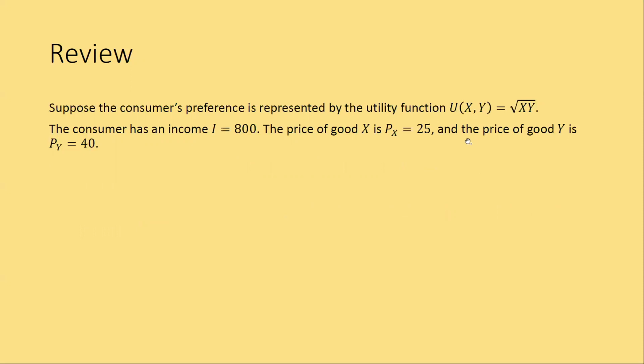All right. So we know that this utility function is a Cobb-Douglas utility function. So we can use the tangency condition that we derived last time. And let me emphasize again, you should only apply the tangency condition when you see a Cobb-Douglas utility function. Otherwise, there is no guarantee that the tangency condition will work.